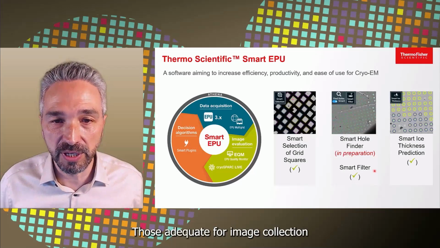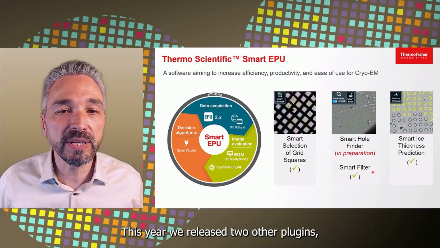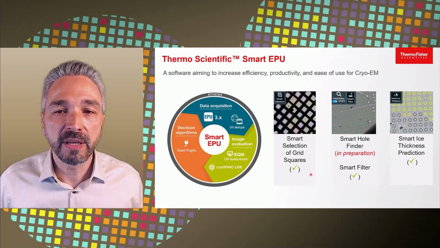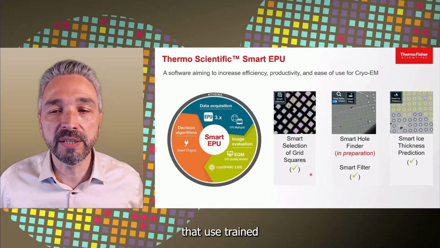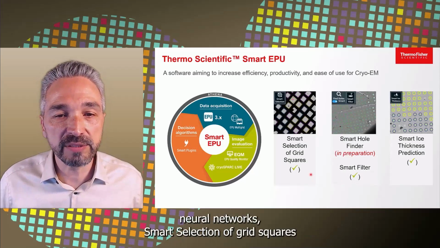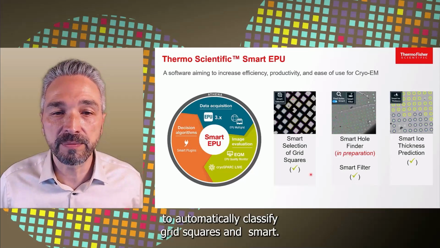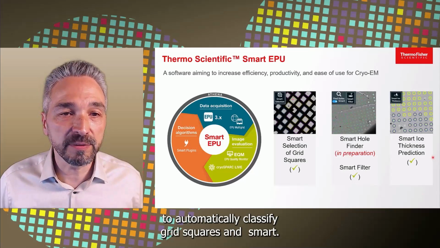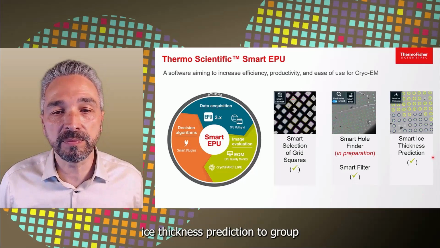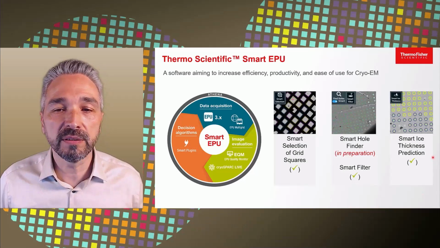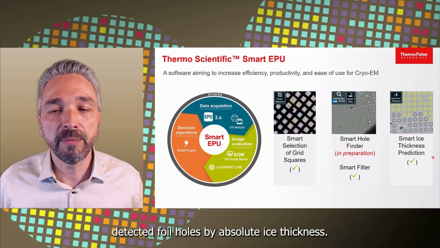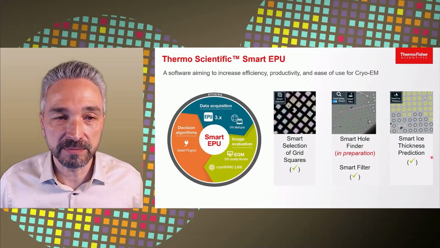adequate for image collection. This year we released two other plugins that use trained neural networks: a smart selection of grid squares to automatically classify grid squares, and a smart ice thickness prediction to group detected foil holes by absolute ice thickness.